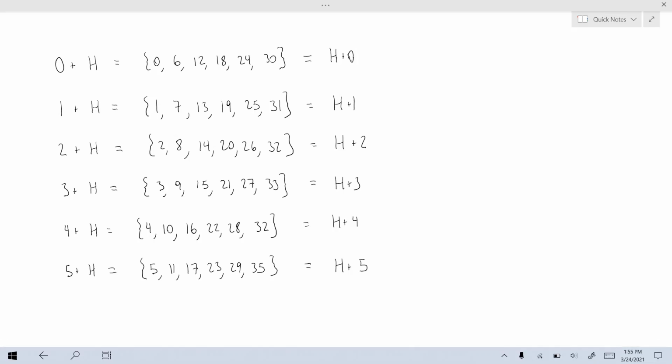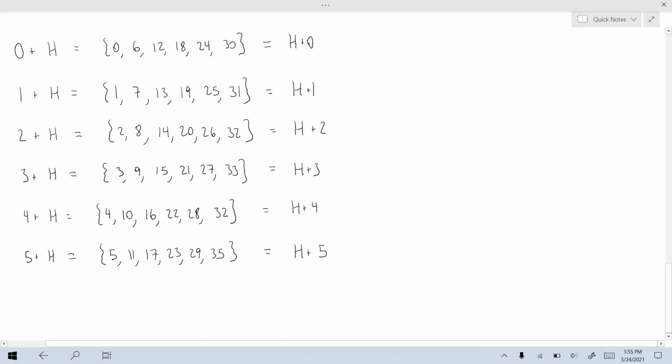So the fact that this is always true, that the number of elements in any coset is the same, and that the cosets altogether make up the entire group, that fact leads us to one of the important results in this class. It's known as Lagrange's Theorem.